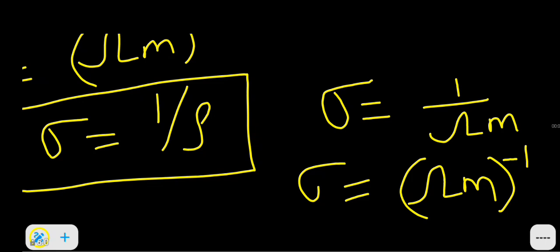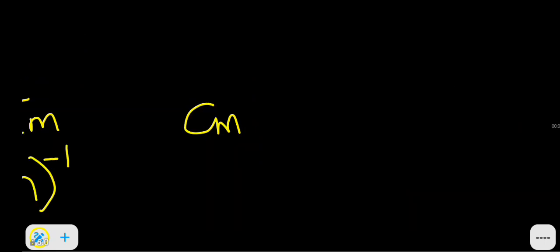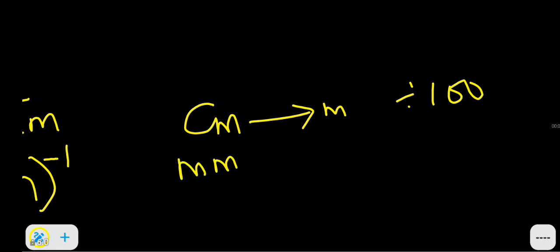Then the next thing is your conversion. You need to know your conversion very well. If you are given your length in centimeter and you want to take it to meter, just divide by 100. If you are given in millimeter, you want to take it to meter, just divide by 1000.